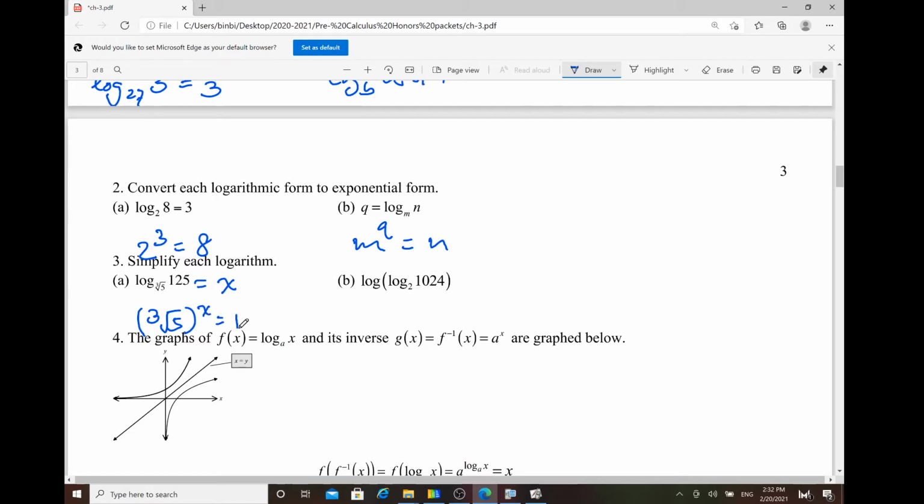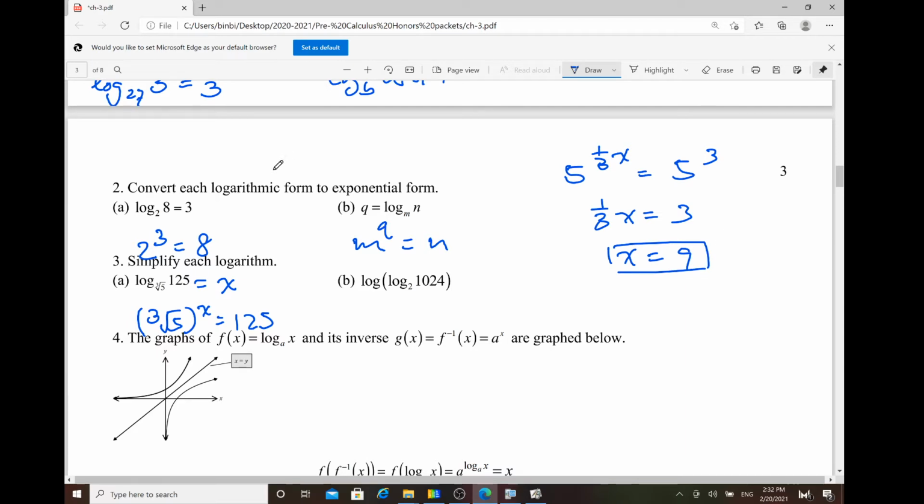What is that equal to? It's 125. The cube root of 5 means 5 to the power of 1/3 x, so that equals 5 to the power of 3. In other words, 1/3 x equals 3. So what's the value of x? 9. That's one way of doing it.